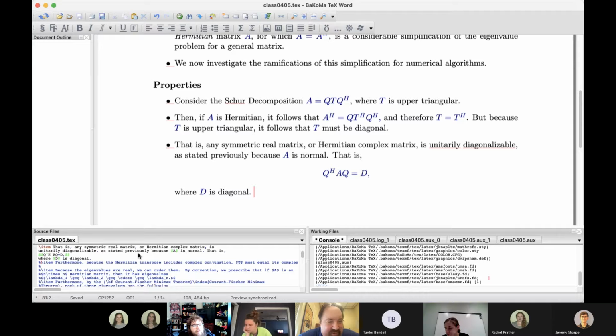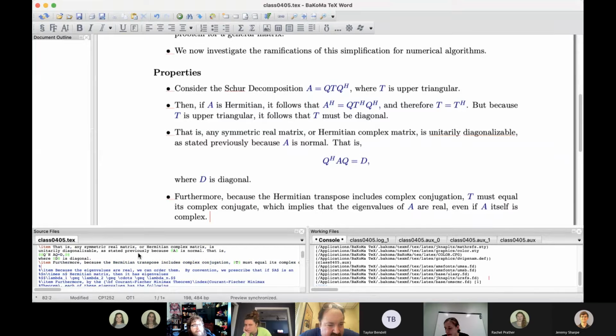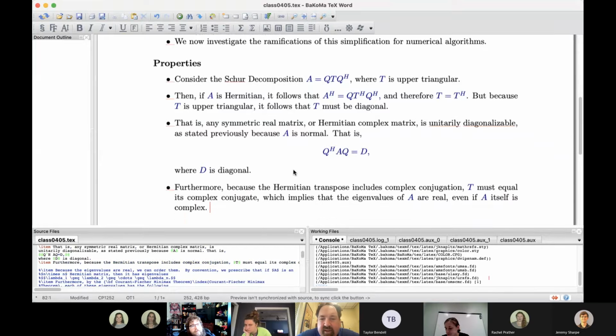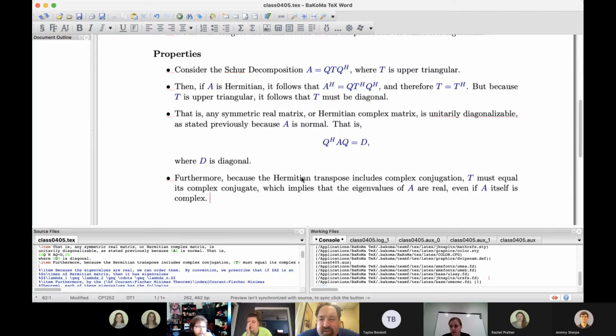Okay, so now, Hermitian transpose involves complex conjugation. So if T is equal to its Hermitian transpose, then the diagonal entries of T must equal their own complex conjugates, because remember, Hermitian transpose is transposing and complex conjugation.